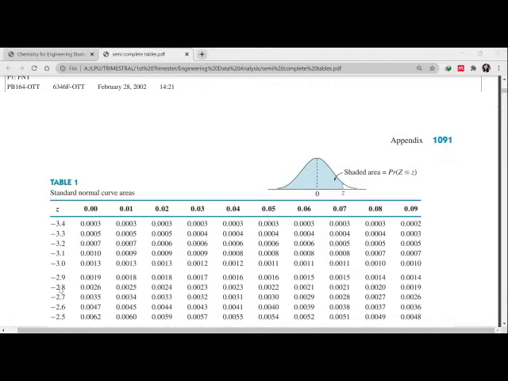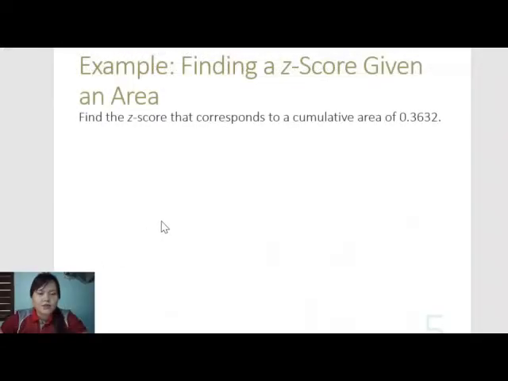So therefore, in our solution, our z-score is negative 0.35. Okay? So that's our z-score.